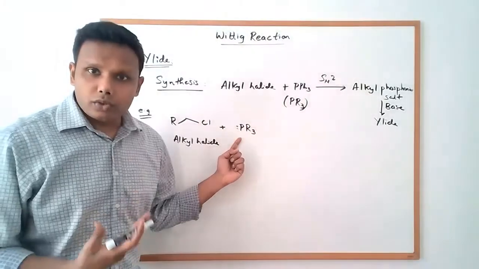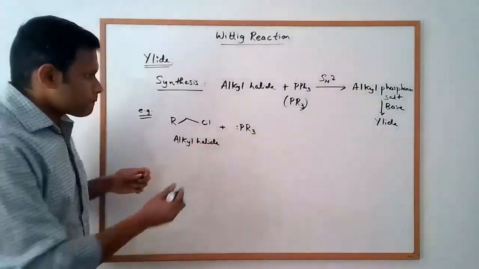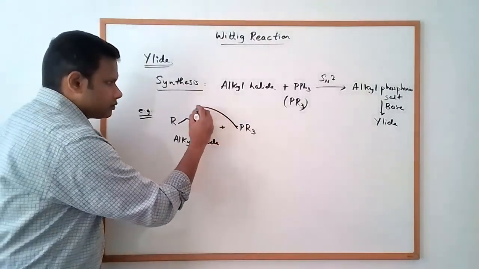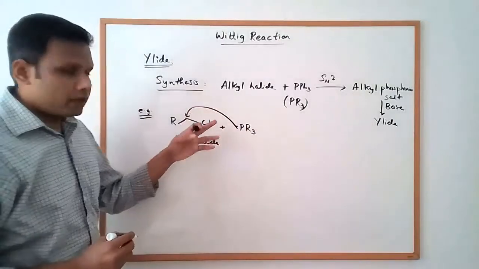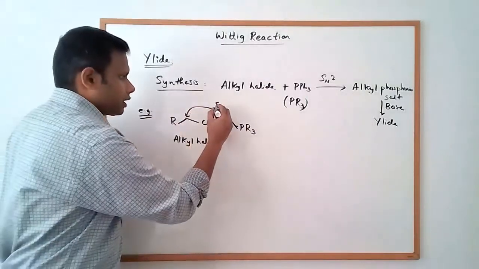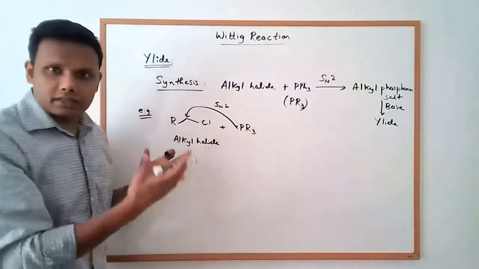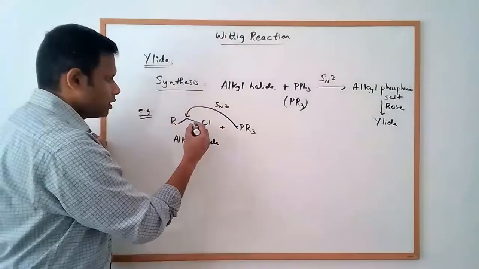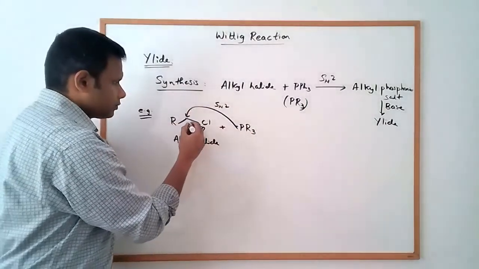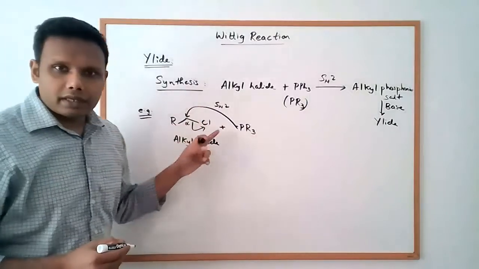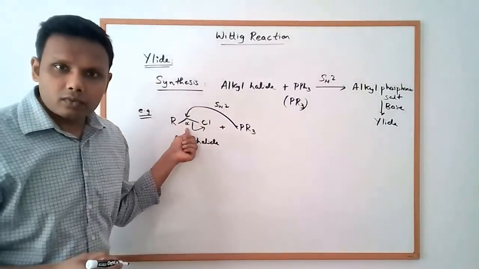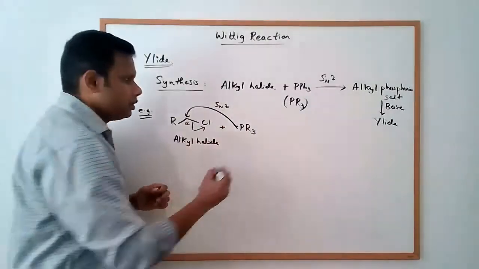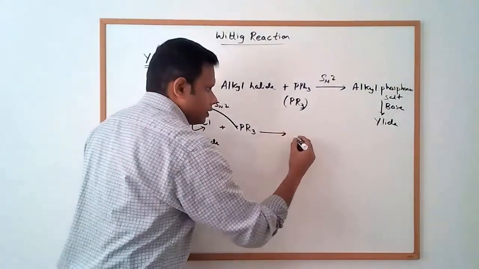Phosphines are strong nucleophiles. Under these conditions, the phosphine can do an SN2-like attack, which means it's a backside attack on the alkyl halide to kick out that halogen. And remember, the attack always happens at that alpha carbon if it's an SN2 reaction.